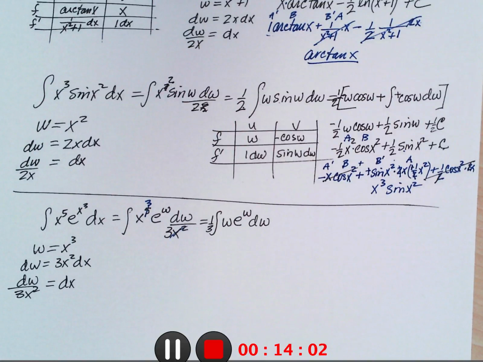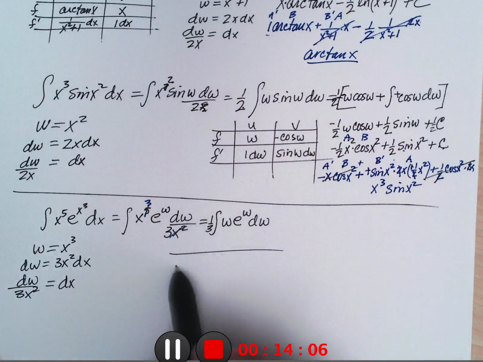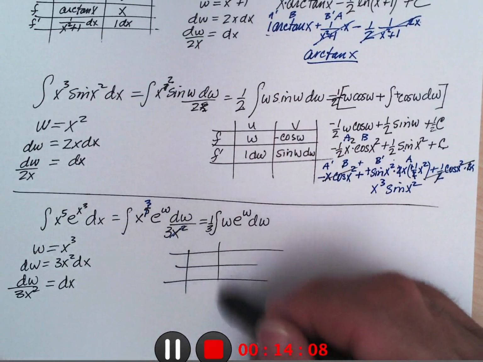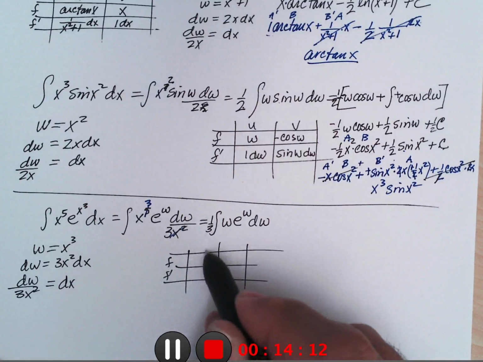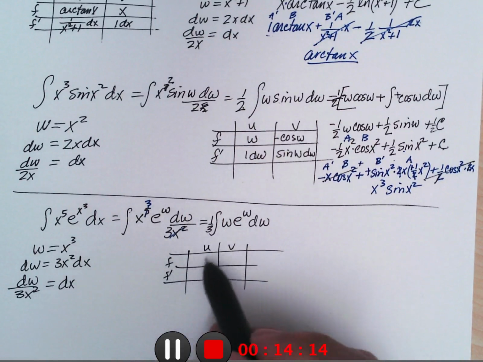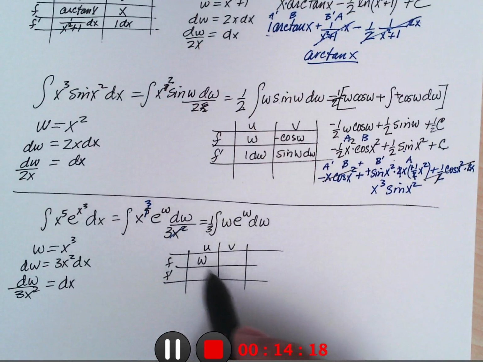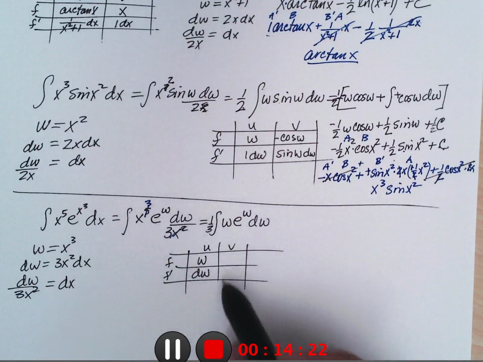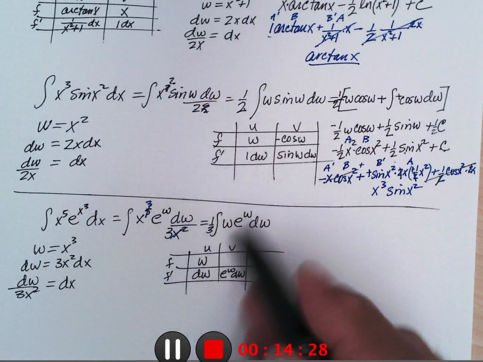So now we're going to do it by parts. So f, the derivative of f, u, v. We're going to let u be the w. And so the derivative would be dw. And I'm going to let e to the w dw be v prime. And so v would be e to the w.